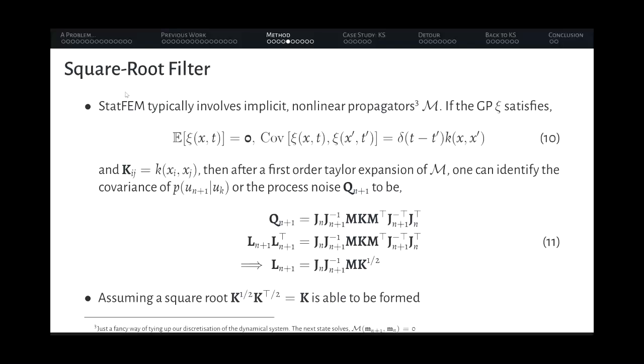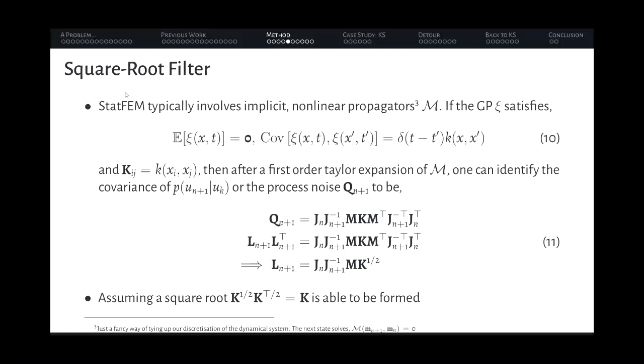So if you do that, the kernel matrix of the Gaussian process, uppercase K, gets convolved with the capital M, which is just a finite element mass matrix. Don't worry about it. And then the Jacobians of the system. And you've got both forward and backward in time because it's an implicit model.